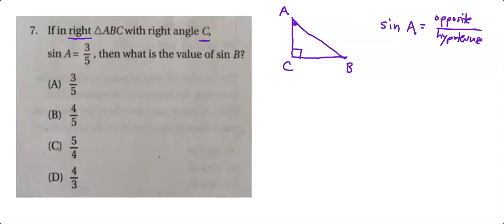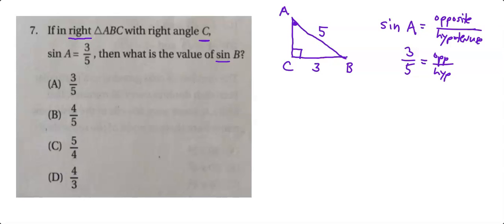Okay, so in this case, sine A being opposite over hypotenuse, the opposite side to angle A is BC. So since this is 3 over 5, we'll just put a 3 where the opposite would be. And then the hypotenuse is a 5, so we put a 5 there.